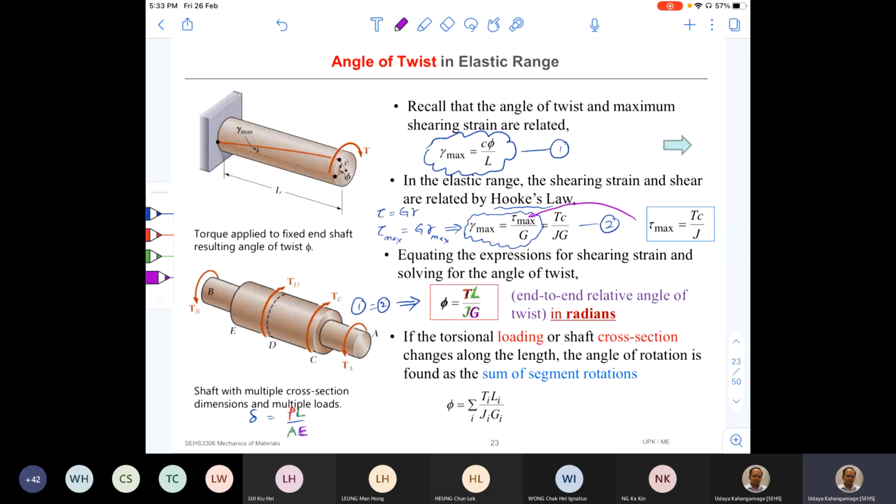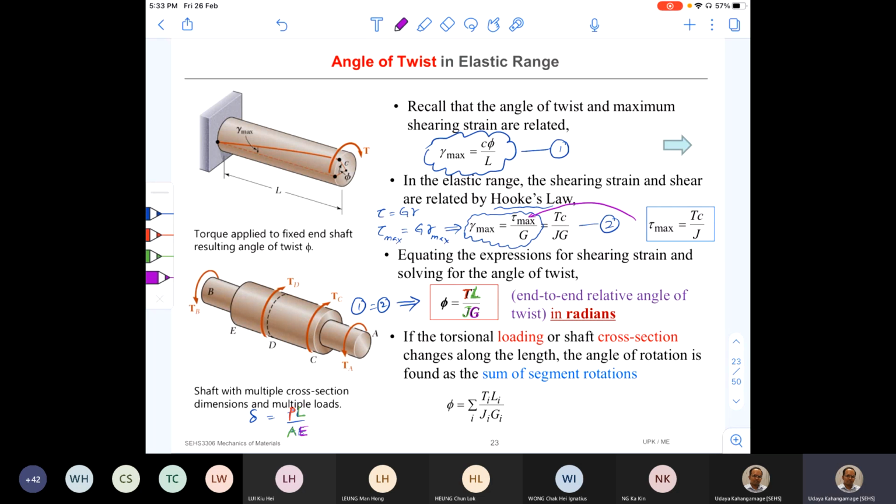Now, can you see some relationship between this delta and the angle of twist phi? The two equations are very similar, right? You can see the load, in this case T, torque, and in the axial load case the axial load, and the length of the member.